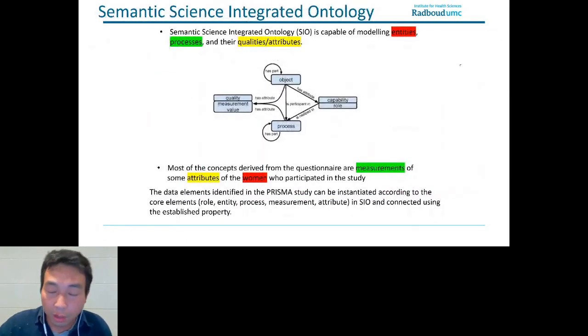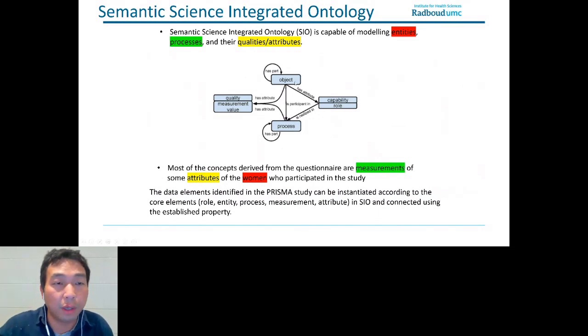So with these common data elements identified and the hierarchy built, we would like to continue by using the Semanticscience Integrated Ontology to build a model connecting the questions and the answers together.